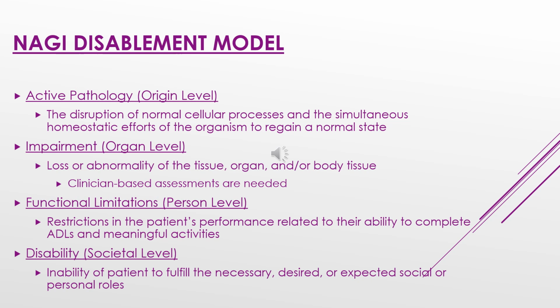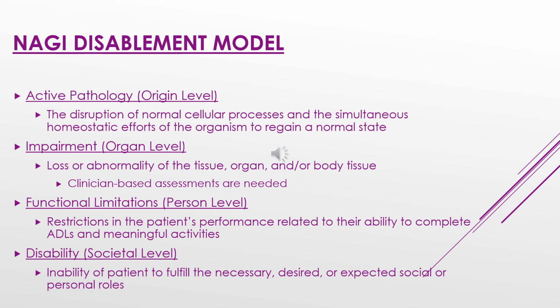If they're not an athlete, this could be getting up out of bed in the morning, going to the bathroom, making coffee, brushing their teeth, right? So what are their limitations? This is what the patient really sees and experiences. They may have pain or other symptoms, but they will try something and they're just going to be like, hey, I can't do this. This is what I'm experiencing right now.